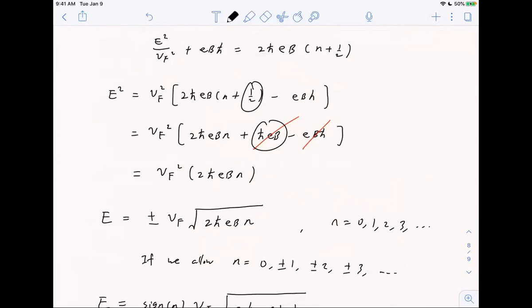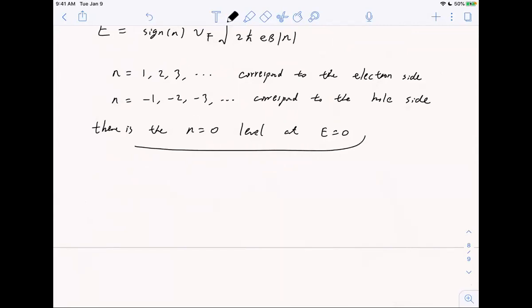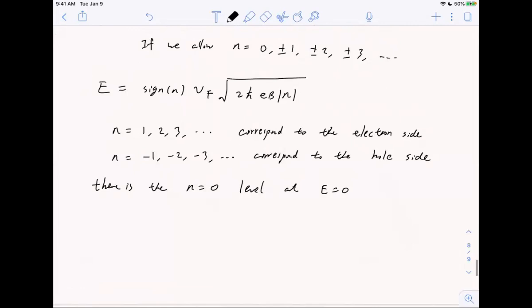Even when n equal to 0 in the conventional state, you still have a finite energy. But here, you have this constant term that cancels this out. So actually, this moves the Landau level down to 0. Okay, so that is something significant. So you have a 0 level. Okay, so basically that is the result.